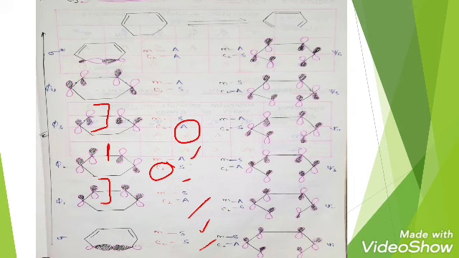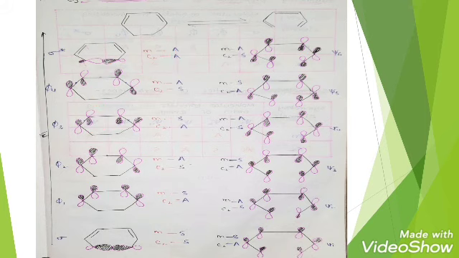And the psi 4 orbital is antisymmetric with the mirror plane but symmetric with respect to the C2 axis. And the sigma star orbital is antisymmetric with respect to the mirror plane and C2 axis also. These are the symmetry properties of the molecular orbitals of cyclohexadiene.